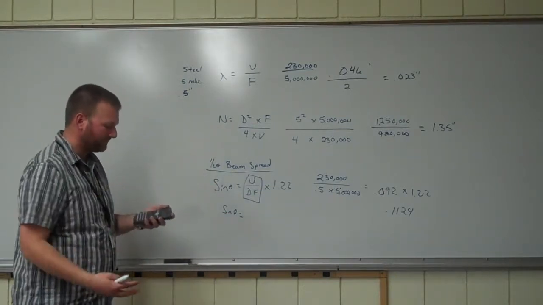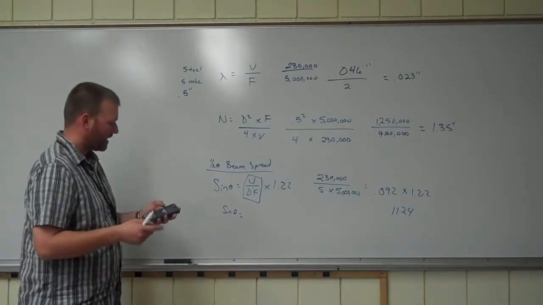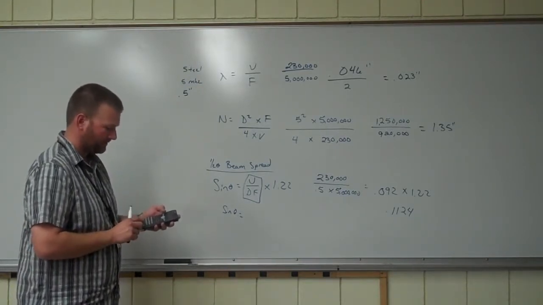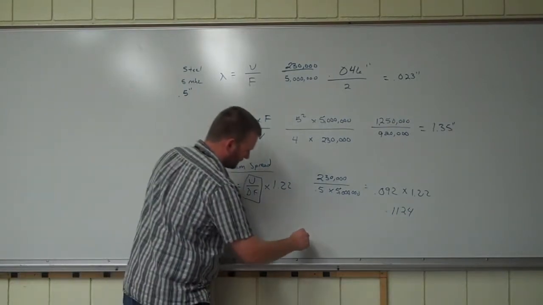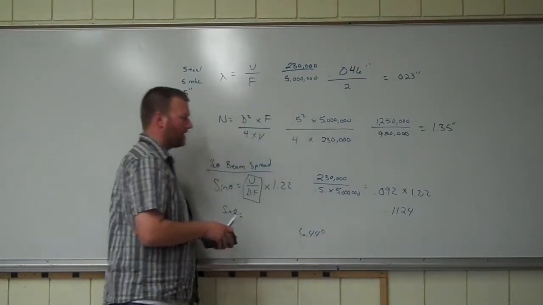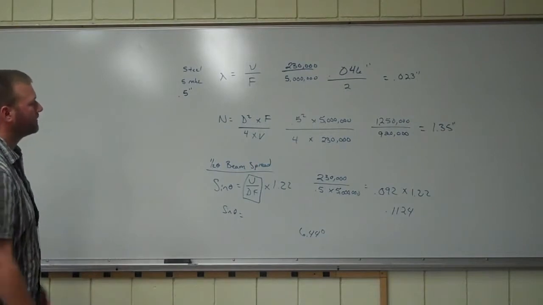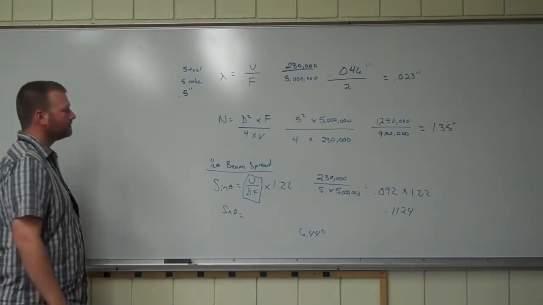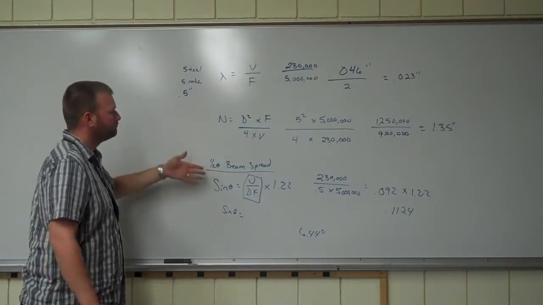So now we need the inverse sine. On my calculator I push shift sine, type in that answer, and I come up with a total of 6.44 degrees. But I kept all my decimals, so if you didn't keep all your decimals, you might come up with something a little bit different. Relatively simple. Wavelength, near field, beam spread.